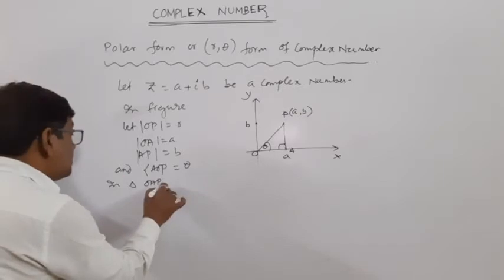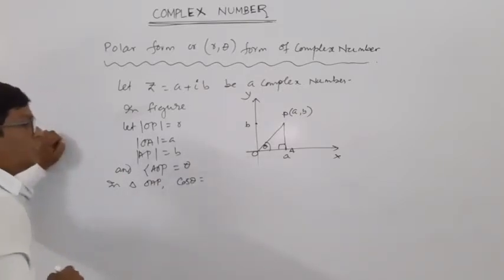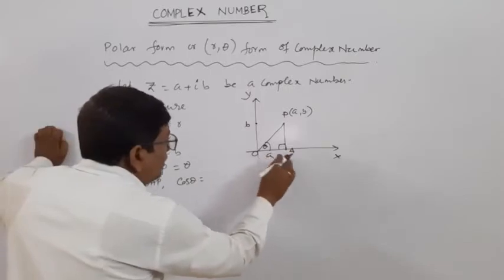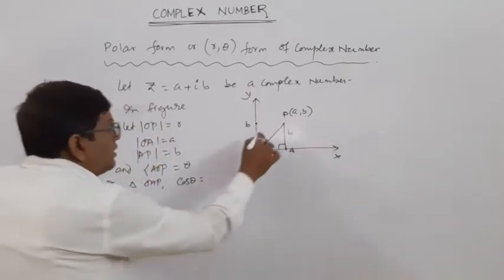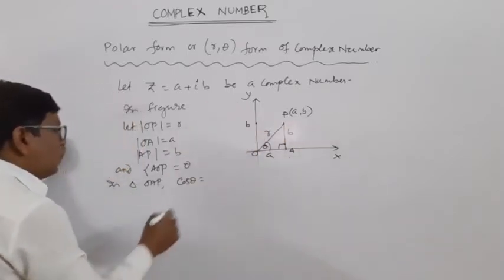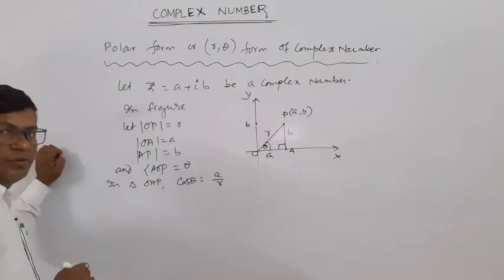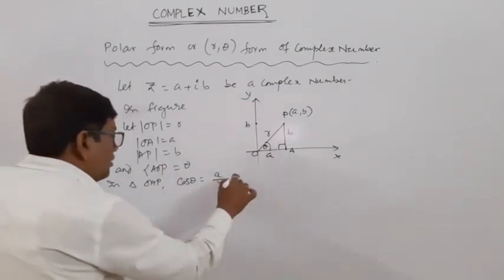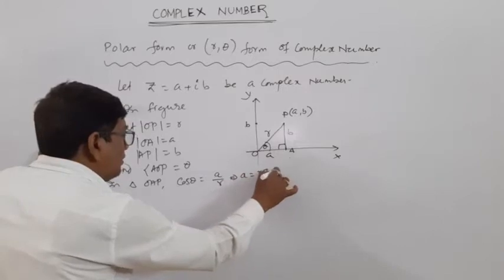In triangle OAP, cos theta is equal to what? Cos theta is equal to base by hypotenuse. This length is A and this length is B and this length is R. Base by hypotenuse, that is A by R. Or A is equal to R cos theta.